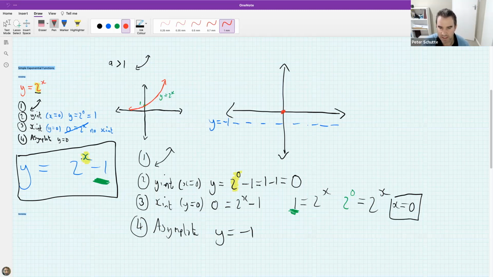Oh, now I see why the x and y intercept are the same, because literally it's at 0. Now I have to fit a graph into this, and it may not cross the asymptote. So it just looks like that. This graph never gets down here. It just stays above y equals -1, and it goes up from there.